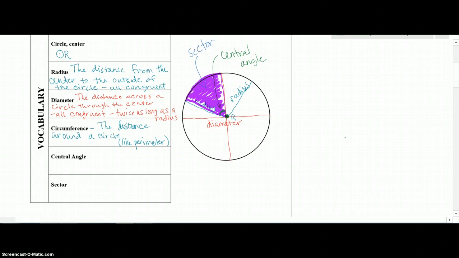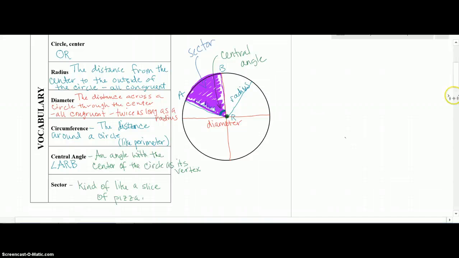So the central angle is just the actual angle itself, okay? And so if we put like A and B here, an example of a central angle would be angle ARB. The sector would be the entire shaded piece, like a piece of pizza or a piece of pie.